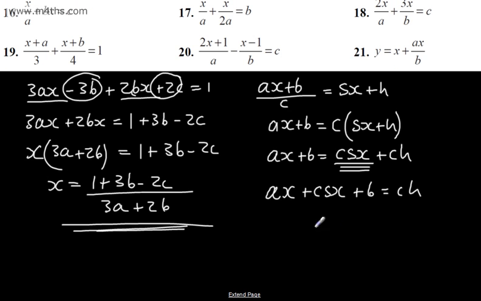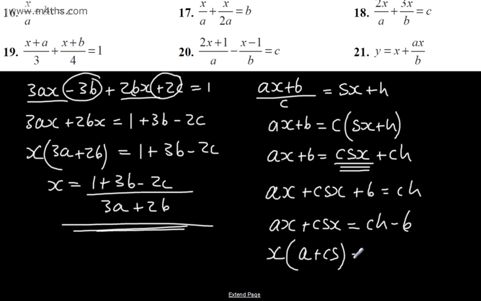So subtracting b from both sides, ax plus csx is equal to ch minus b. I can factor now the left-hand side, taking x out. a plus cs is equal now to ch minus b.